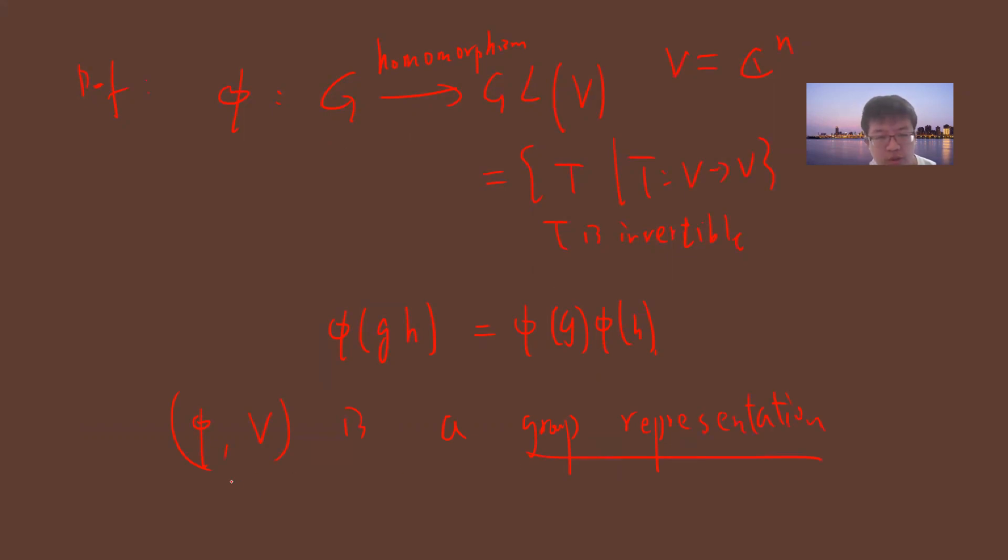Basically, the key point is using linear algebra to study finite groups. You realize the group inside the general linear group, and you use the non-abelian property of matrix algebra to verify properties of the group.